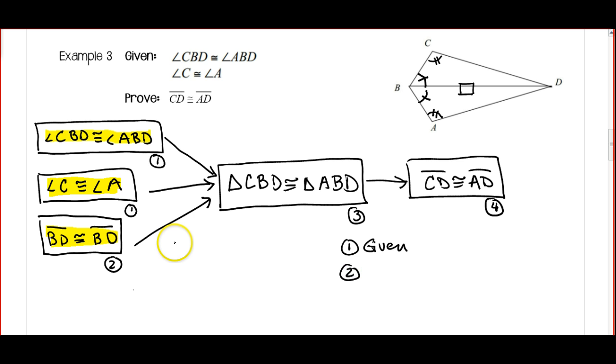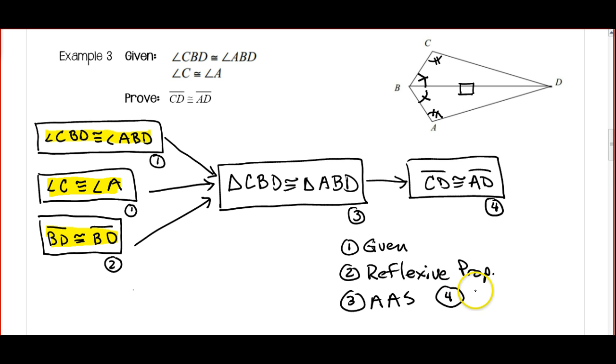Number 2, that was our reflexive property again. And number 3 was angle, angle, side. And then number 4, since the triangles are congruent, the corresponding parts are congruent. That's CPCTC. And there you have your flow proof.